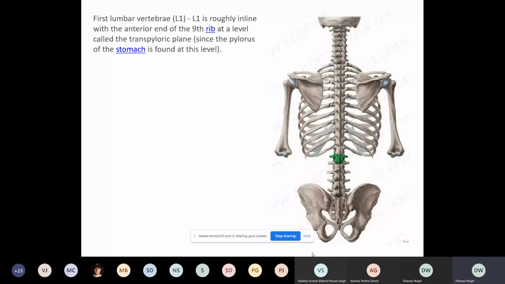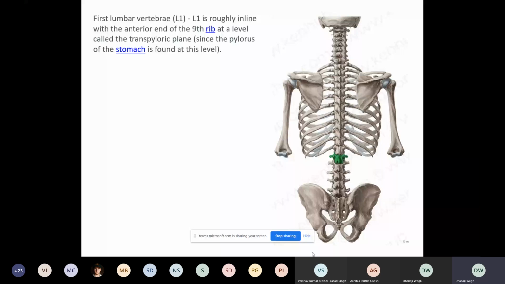At this level is the transpyloric plane. What is this transpyloric plane? The pylorus of the stomach is found at this level. So clinically, an important answer in the Viva or MCQ: this question may ask regarding the first lumbar vertebra. At this level the transpyloric plane is present.